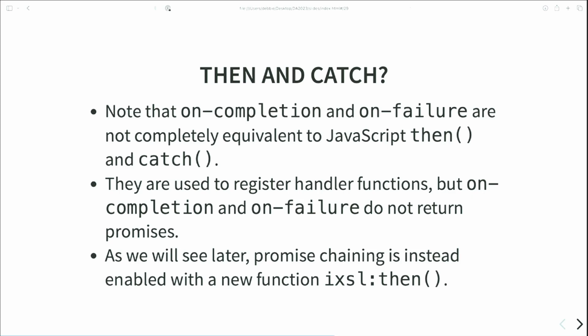They're kind of like the final action that you will do, but we're not expecting you to chain beyond that. Instead, there's a function that you can use for chaining. At the moment, I've only got ixsl:then. I probably should put ixsl:catch in, and there's another one, finally. They would probably be useful as well. But yes, that's the reason for those names being a bit different.